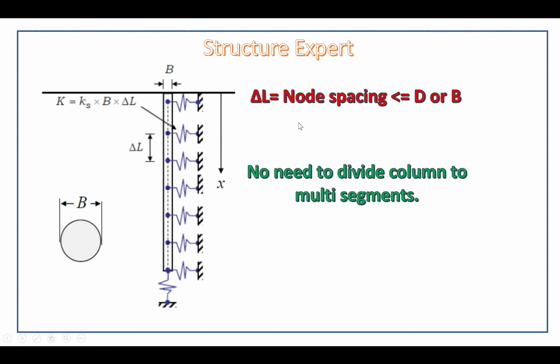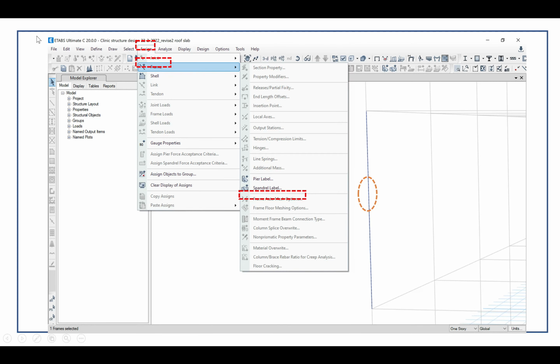So we use the same concept and apply it to the finite element software for analysis of this type of structure. Okay, in ETABS you can select one column. After that you select on change and select the frame.